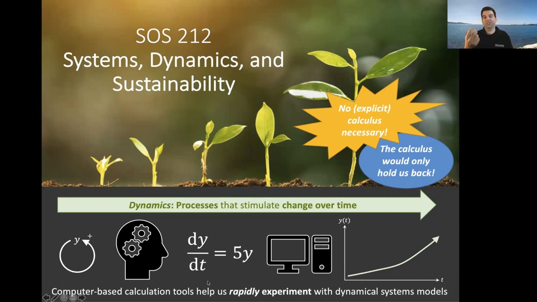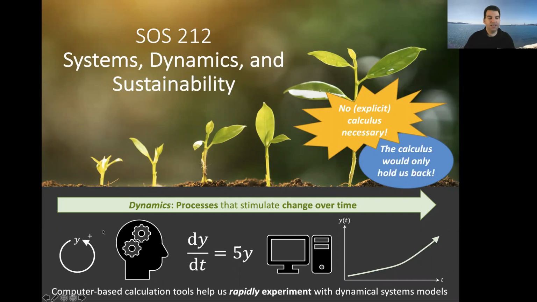If you're familiar with stocks and flows, these are diagrams where you've got things flowing into other things, and those things then have an opportunity to flow into more things, and we can accumulate all these flows in a way that tells us interesting things about how things change over time.